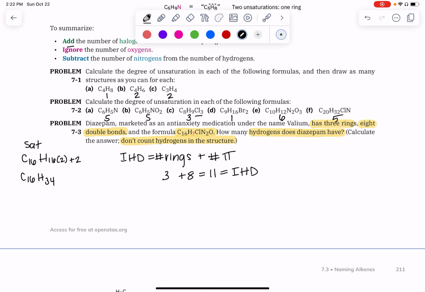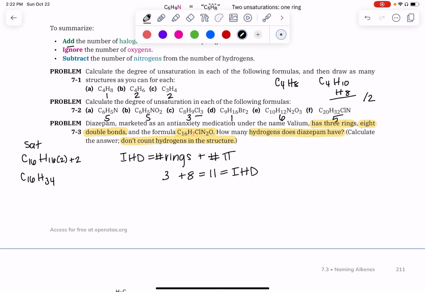So we know that there's 11 degrees of unsaturation, and sort of like what we did before, where if we have C4H8, and we know that C4H10 is going to be our saturated one, we subtracted, and then we divided by 2.